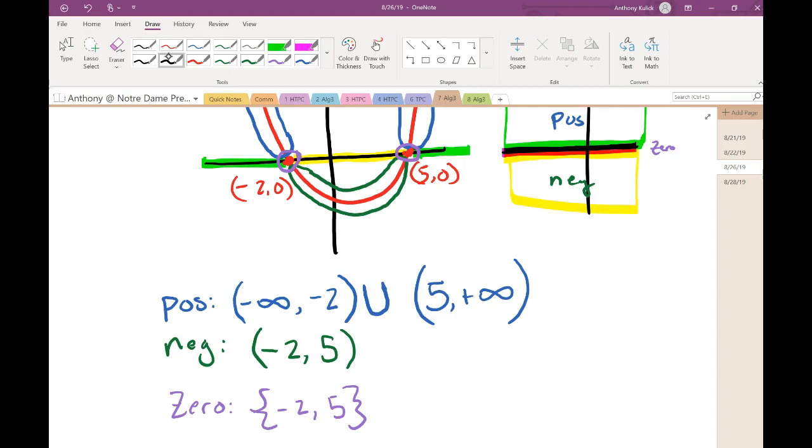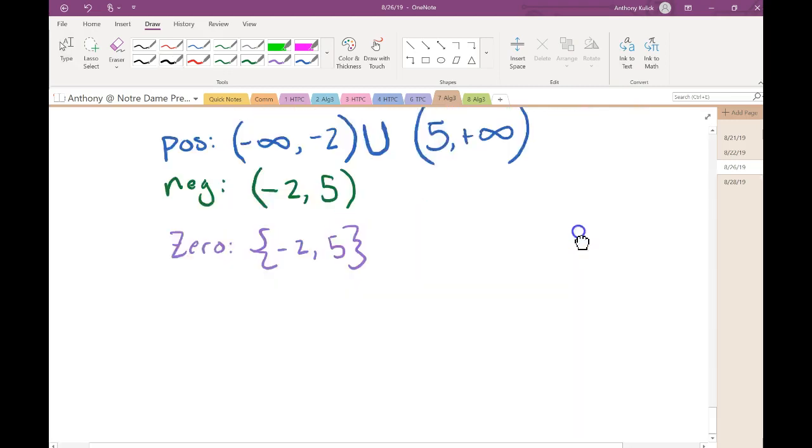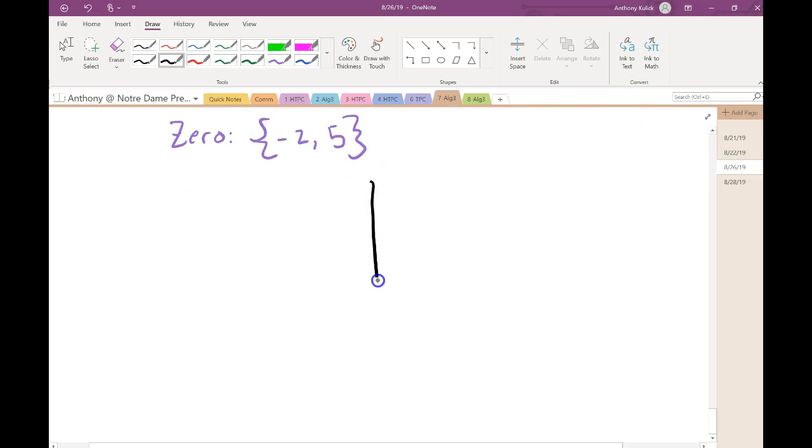Let's do another example of this, yes? And we can do many more if we need to. We certainly have the time.